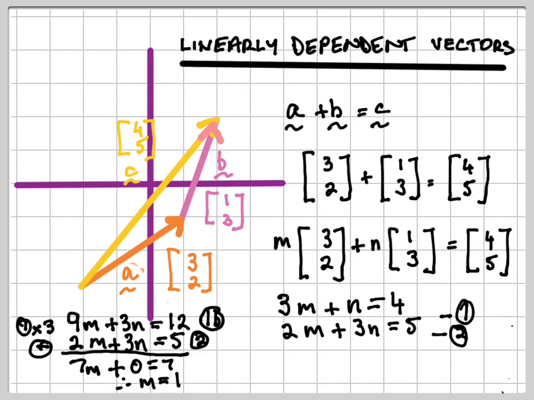Vector C is just made up of a direct addition of A and B, so we would expect in any event for m and n to equal 1. This vector has not been multiplied or divided by some sort of scalar.